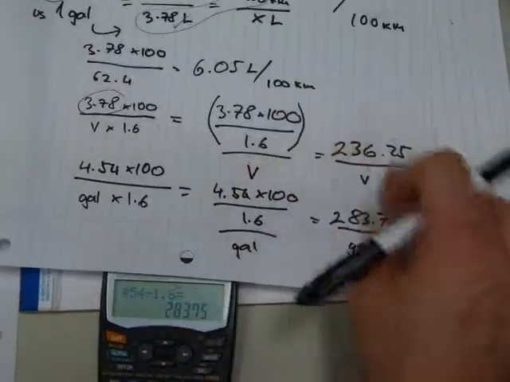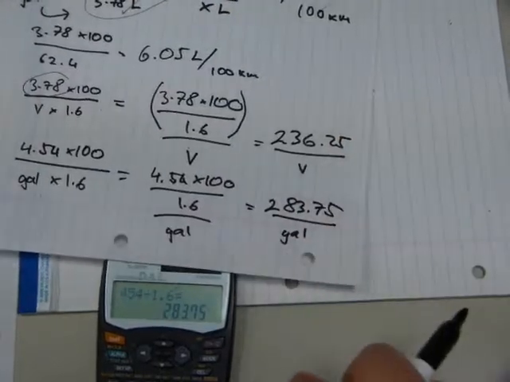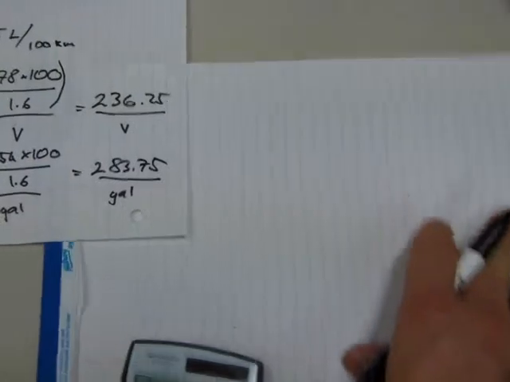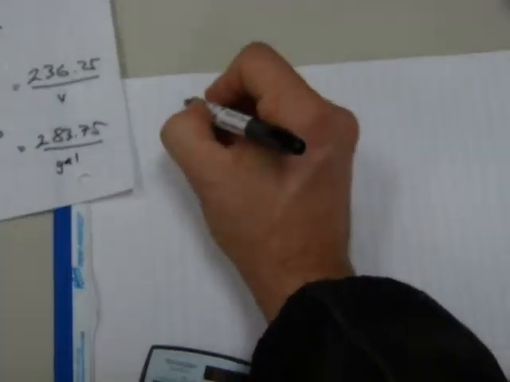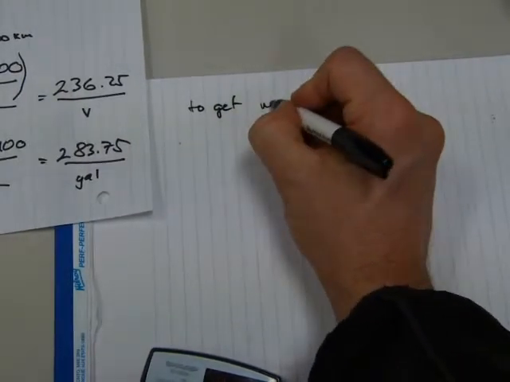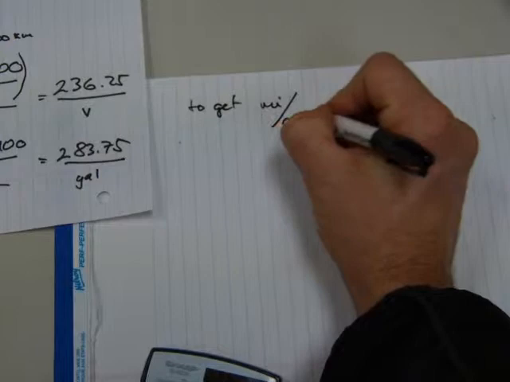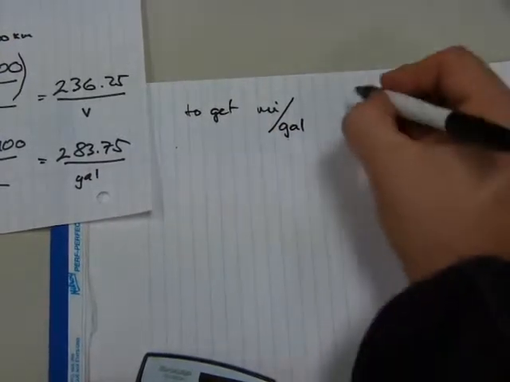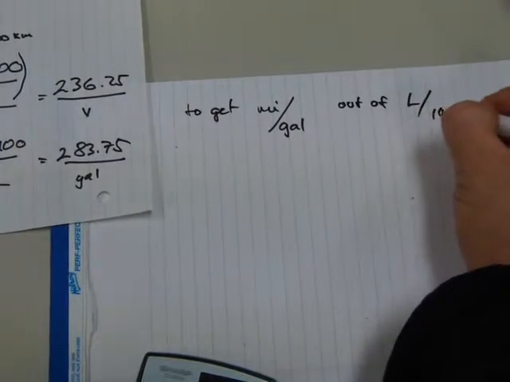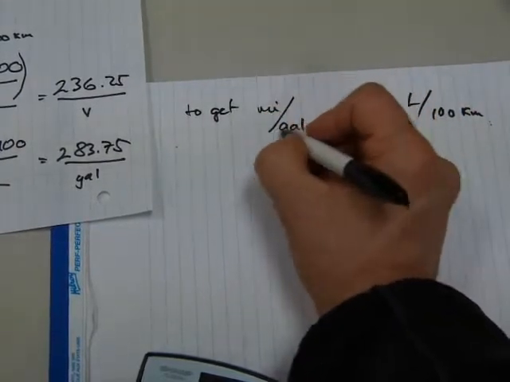And these conversion factors are fairly straightforward to use. To summarize what we did here, to get miles per gallon out of liters per 100 kilometers, and this is what kind of gallon?